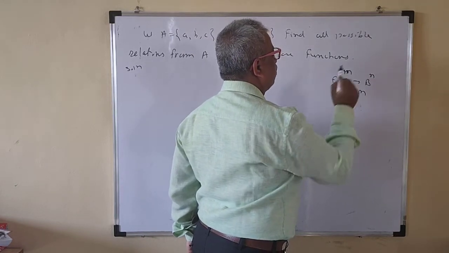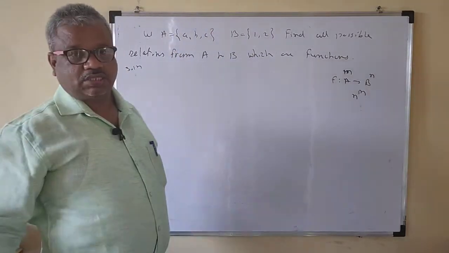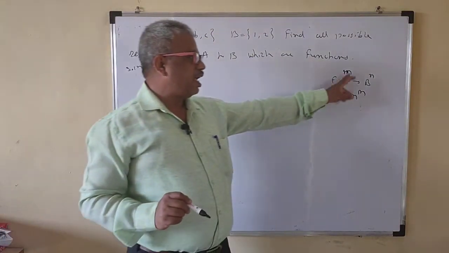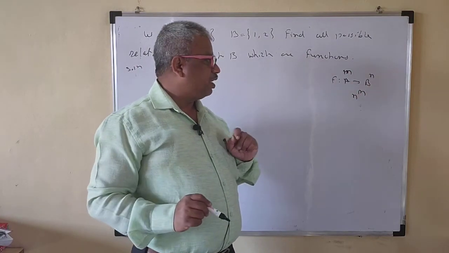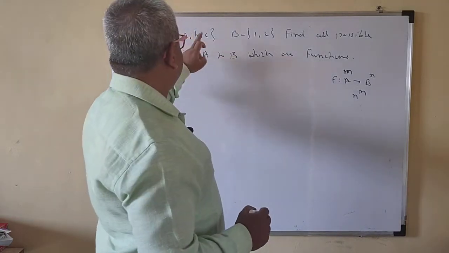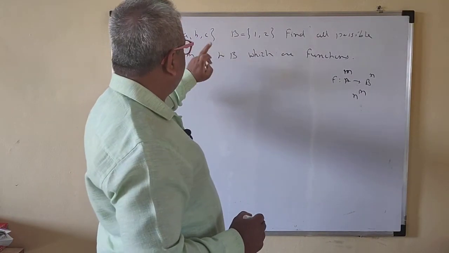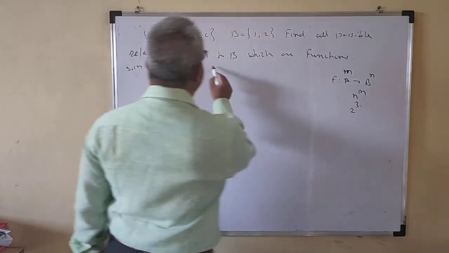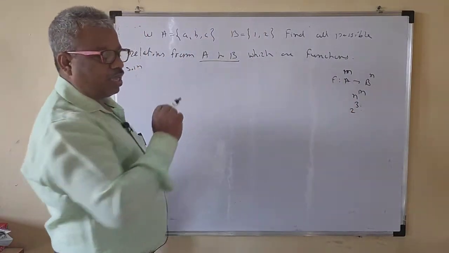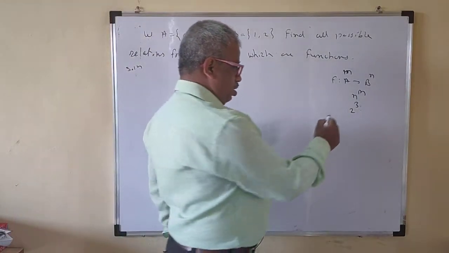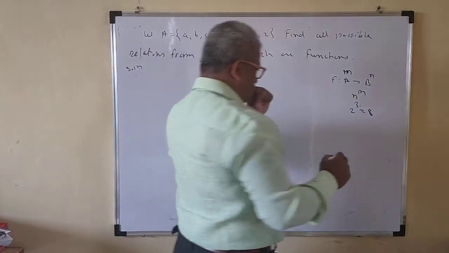So n raised to m functions you can form from A to B if the number of elements in A is m and the number of elements in B is n. Now here the number of elements in A is 3 and in B is 2. So that means 2 raised to 3. You want from A to B, that means B raised to A. Number of elements in B is 2, number of elements in A is 3. So this is 8.